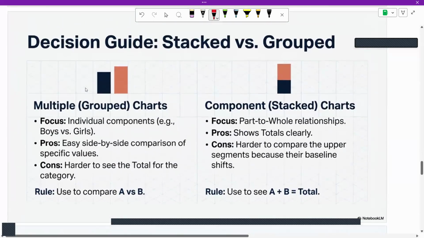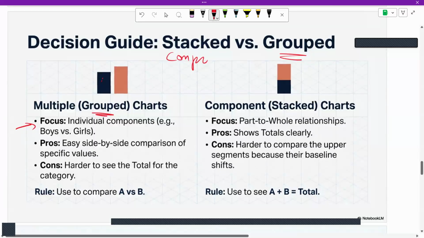When do we use a multiple group chart or component chart? The decision guide: stacked, sometimes component stacked, or grouped. For the multiple or group chart, the focus is the individual component, for example boys and girls individually.